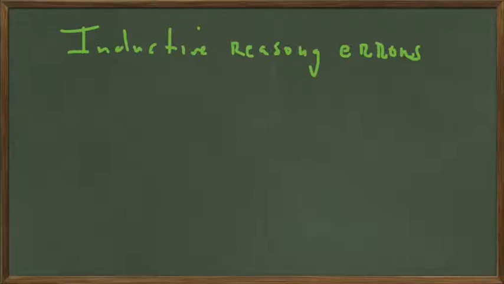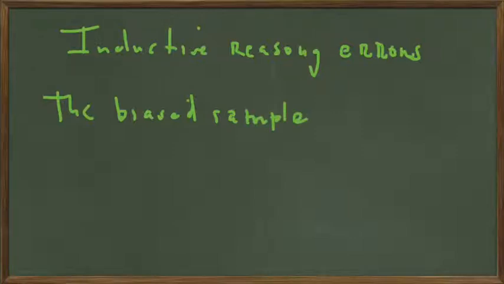What are examples of inductive reasoning errors? A biased sample. So we infer something about the population which we cannot probably infer because the sample is biased.